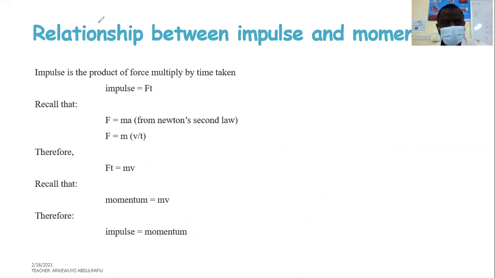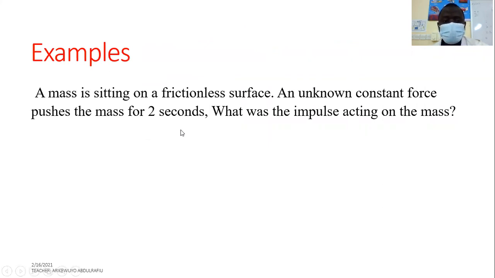So let us take an example to know more about impulse. A mass is sitting on a frictionless surface. An unknown constant force pushes the mass for 2 seconds. From that, you can see that the time t is 2 seconds. There is a small mistake in this question. Let me correct it now. It's not an unknown constant force.